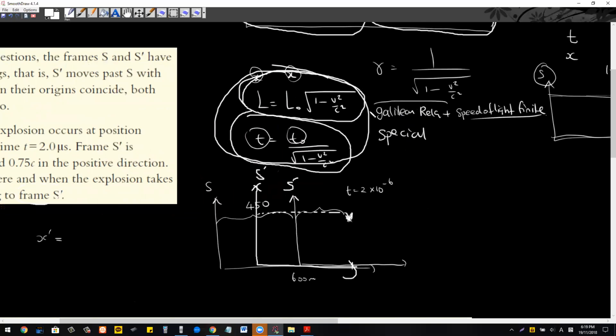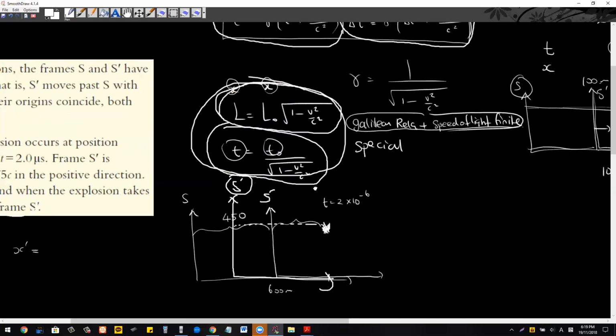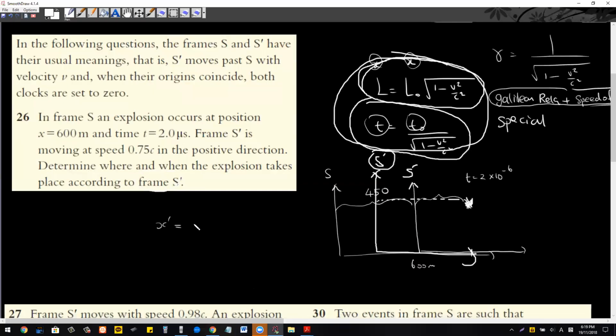Just understand these two first. Then you see that this guy will observe this event way before. So because the speed of light is finite, that's why it'll be about 200.